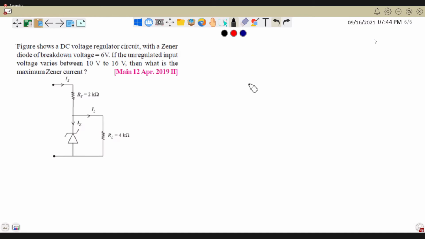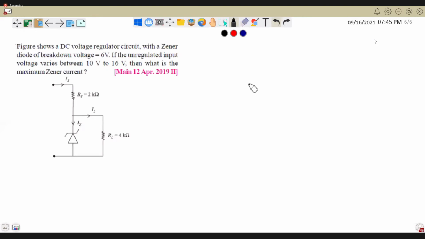Figure 2, DC voltage regulators. Anybody interested in electrical engineering? This is how your circuit diagram looks like. This is just a sample of it. But the Zener breakdown voltage is 6 volts.